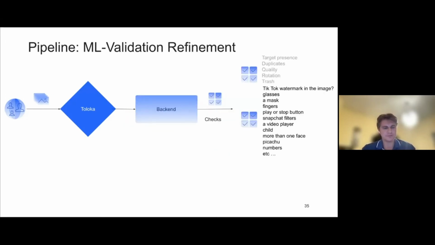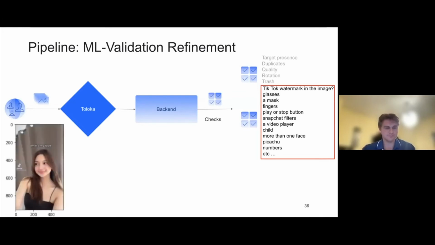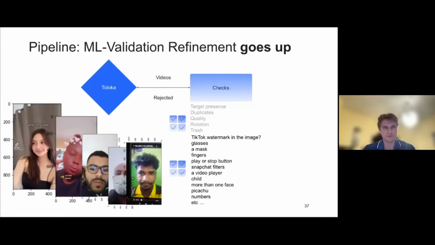Then on the next stage of validation, it's more like a refinement stage. We can further detect some anomalies. For example, is there a watermark, maybe a TikTok watermark, are there glasses on the image, or a mask on the image, or something like the face covered by fingers.